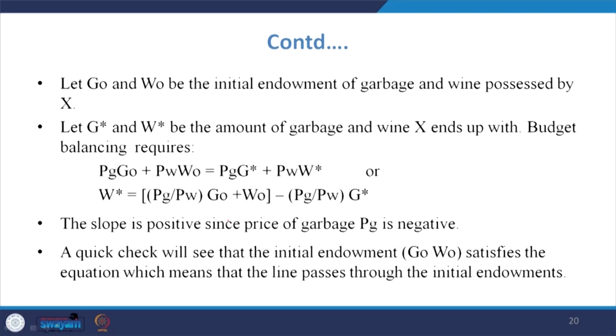So, the amount of money that X has in terms of the value of the two products is PG G0 plus PW W0, and that will be equal to the actual quantity of garbage remaining with person X after the trade, and the actual quantity of wine remaining with person X after the trade, that is PG capital G star plus PW capital W star.